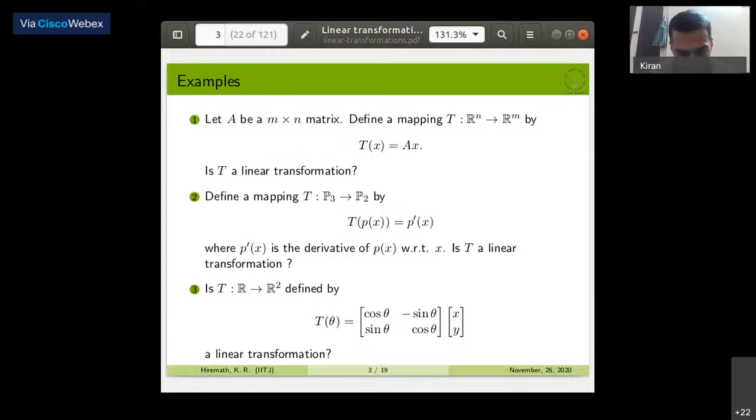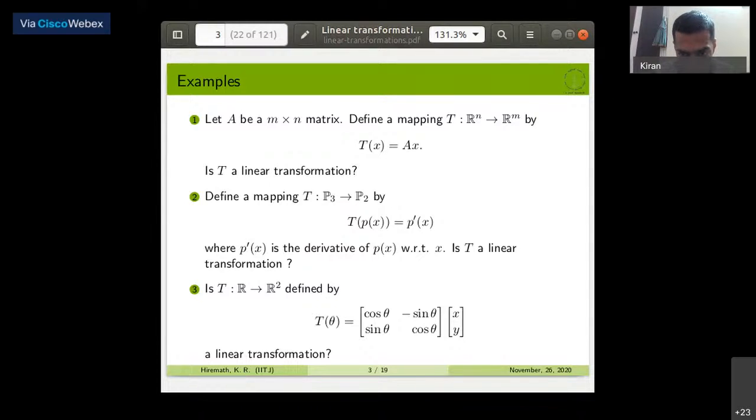Anti-clockwise rotation by an angle theta. So can we use the same approach that we used to address the first and second question to check if it is a linear transformation? That is, T of theta 1 plus alpha times theta 2, is it equal to T of theta 1 plus alpha times T of theta 2?